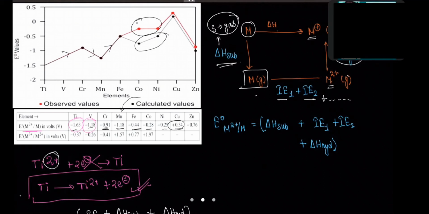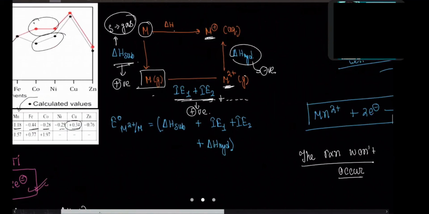Delta H sublimation is a positive value, like it's an endothermic process. IE1, IE2, they are also positive because they are also endothermic. You need to give energy, right, to take out the electron. In periodic properties we have learned that. Whereas delta H hydration is a negative value, because you are going to get some energy from it. It's an exothermic process. We have learned all these things in thermodynamics.